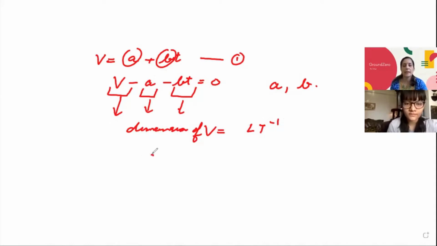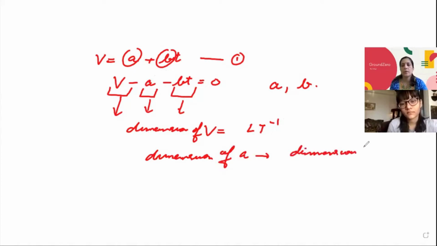So we can say the dimension of A is the same as the dimension of V, right? So can you say what A is? We come to the conclusion that the dimension of A is L T minus 1, right?